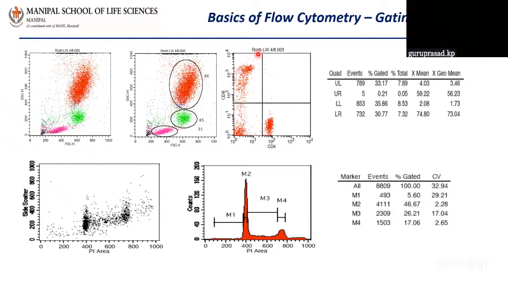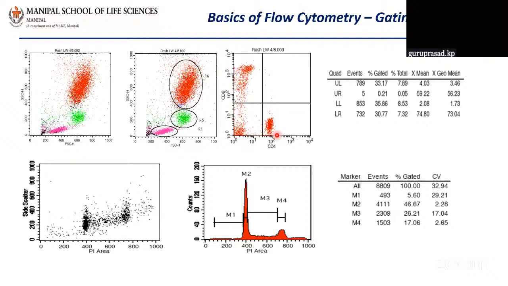This upper left quadrant tells me these are positive for red color but negative for green color. This quadrant tells me these are positive for green color but negative for red color. If I find dots here, they are positive for both green and red color.